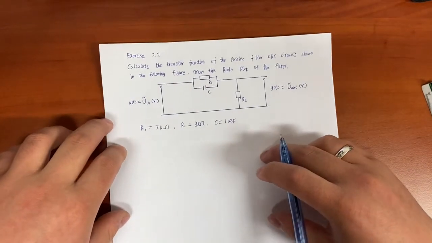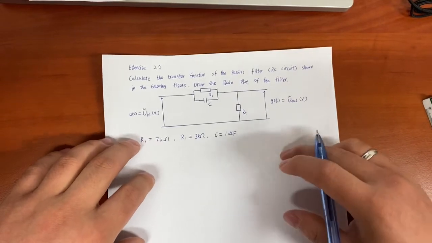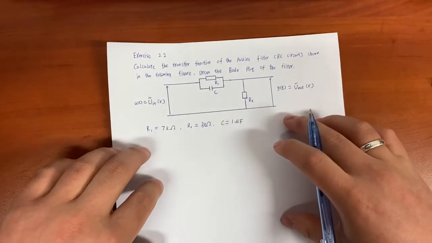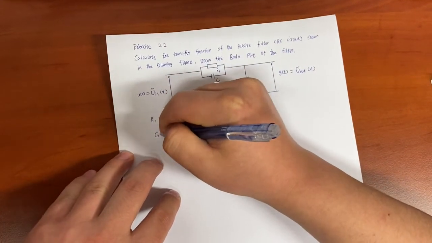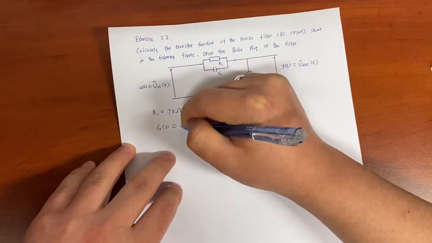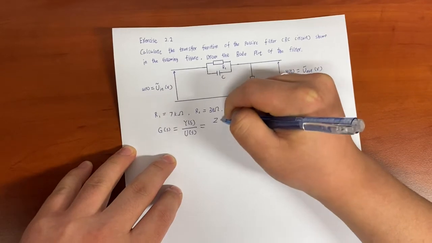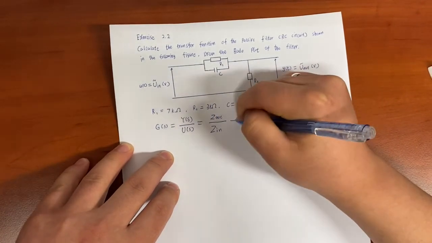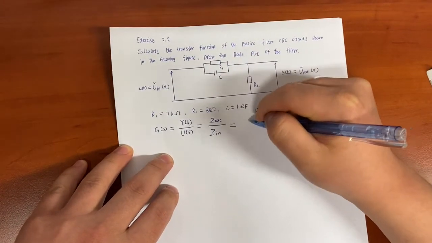Okay, the second one: calculate the transfer function of the passive filter shown in the figure and draw the Bode diagram of the filter. Again, G(s) equal to Y(s) divided by U(s) equal to Z-out divided by Z-in. Z-out is only R2 here.